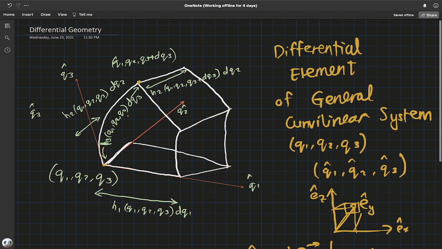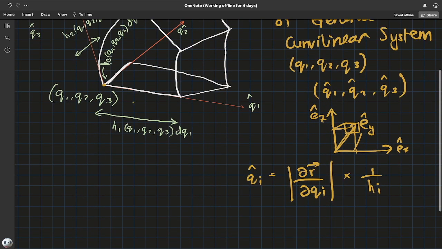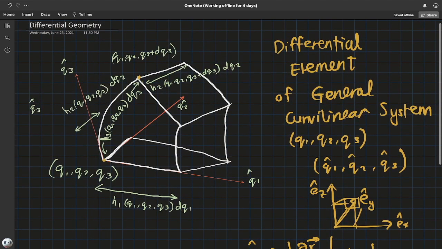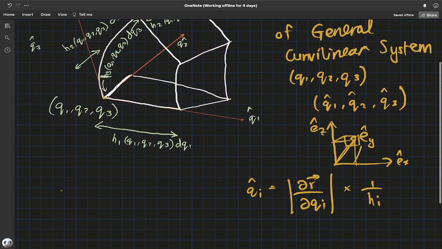Again, if you have this reference point and want this distance, you take the scaling factor evaluated at that original reference point, because we're no longer on this face, we're on the top face, so this is the new reference point. That scaling factor evaluated at that reference point is multiplied by this dq2 term, because of course we're along that q2 hat axis.